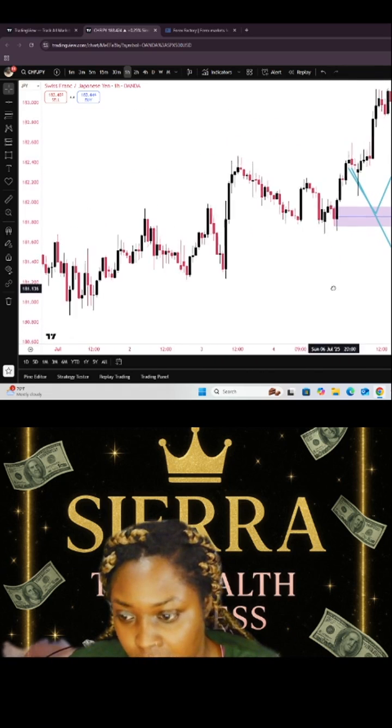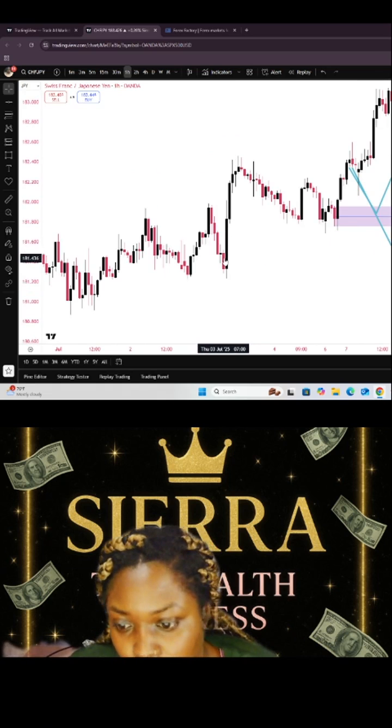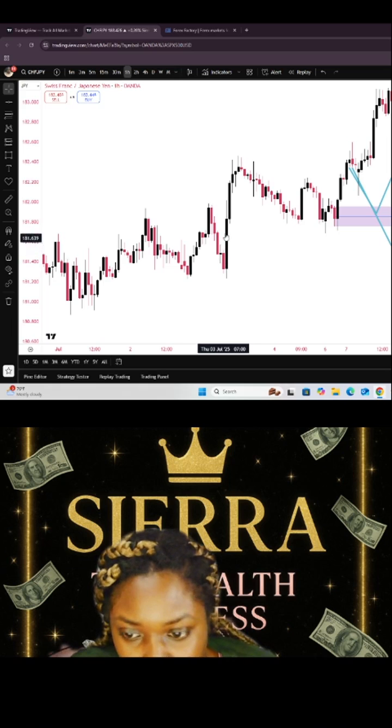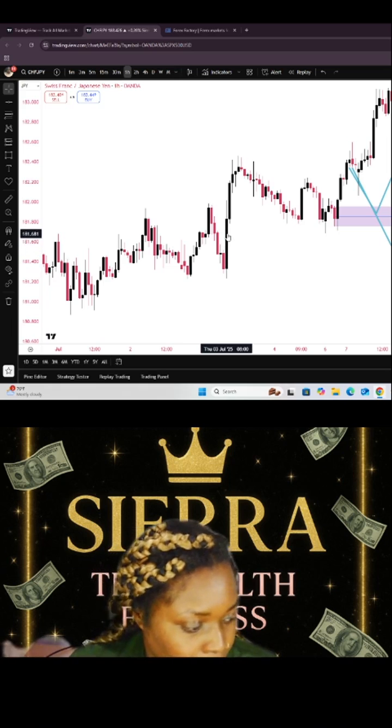And if we look, here's a fair value gap. This is a hole. But if we look at these other candles, as you can see, there's no holes. Each candle trades back into the next. But when it doesn't trade back into the next candle, it leaves a hole in the market, and that's a fair value gap.